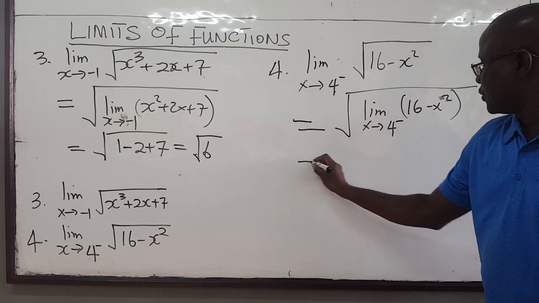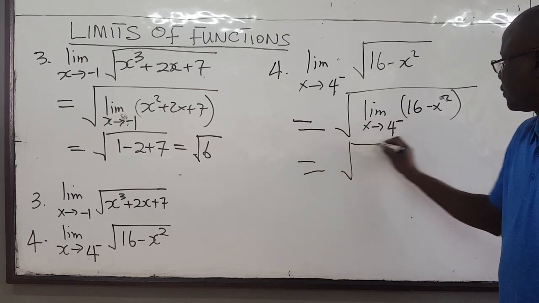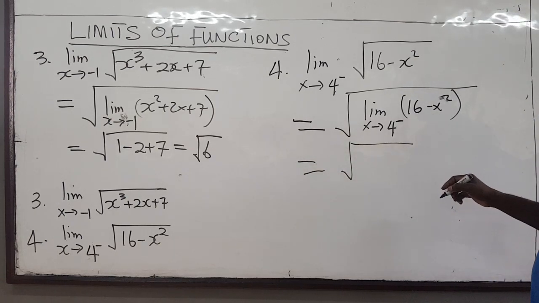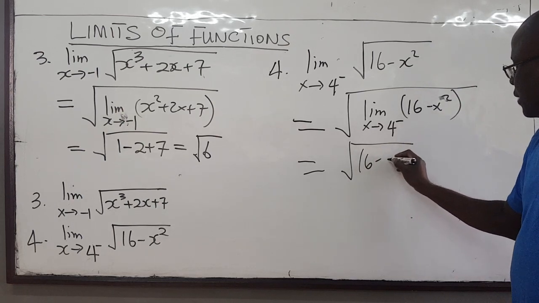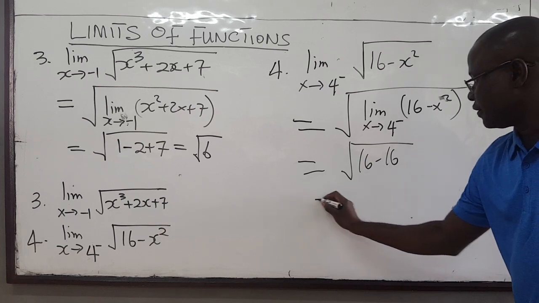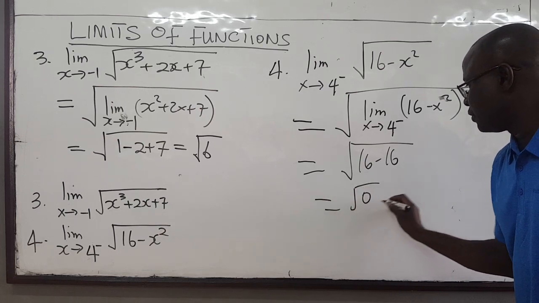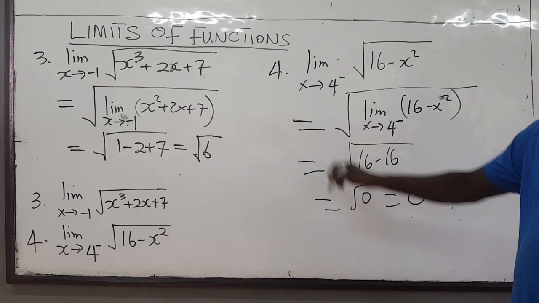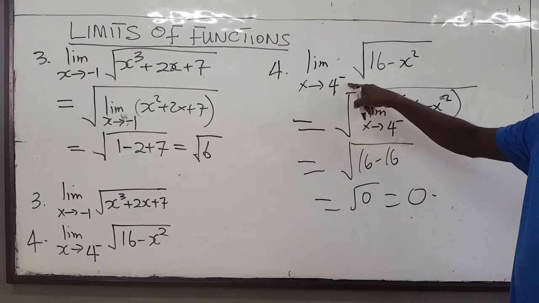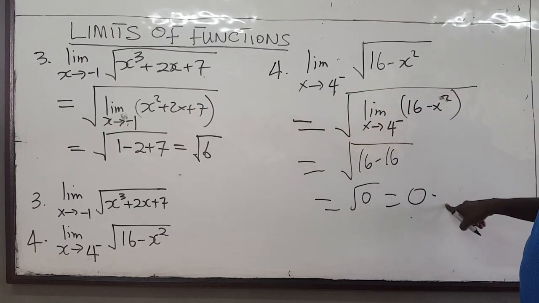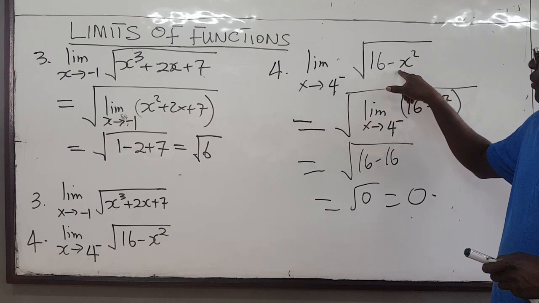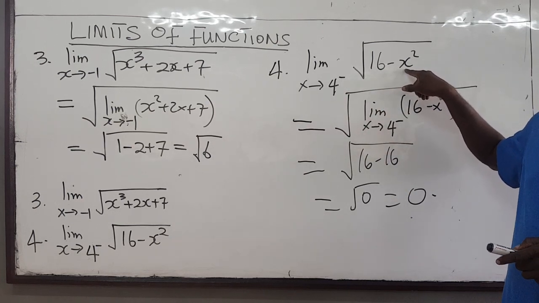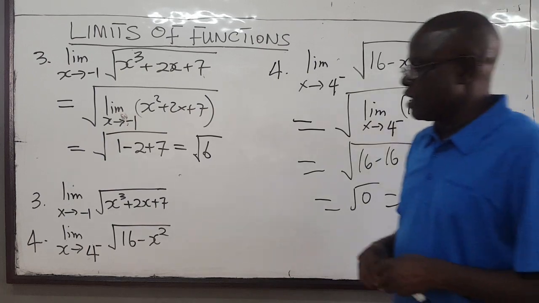You can put 4 in there: 16 minus 4 squared is 16 minus 16, that is 0. The square root of 0 is equal to 0. So the limit as x approaches 4 from the left hand side is equal to 0. You could have just put it in straight away and found the limit.